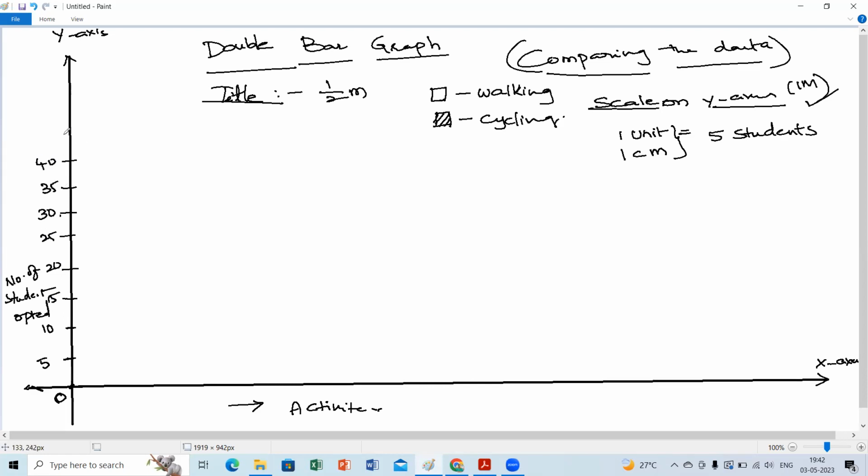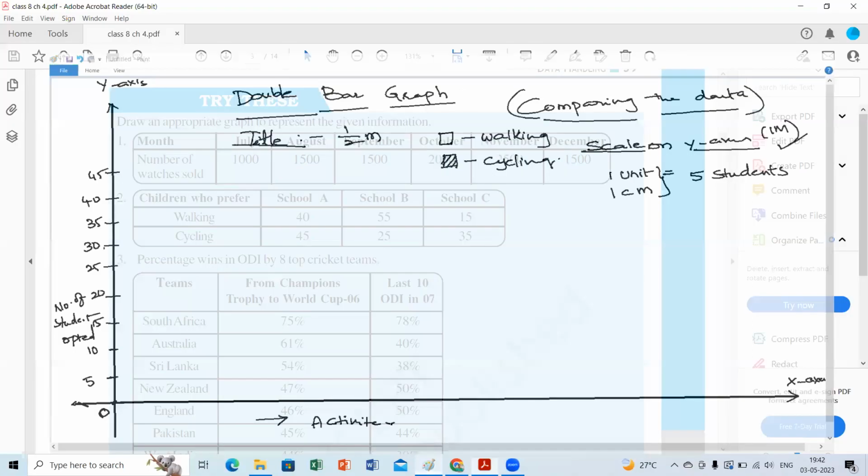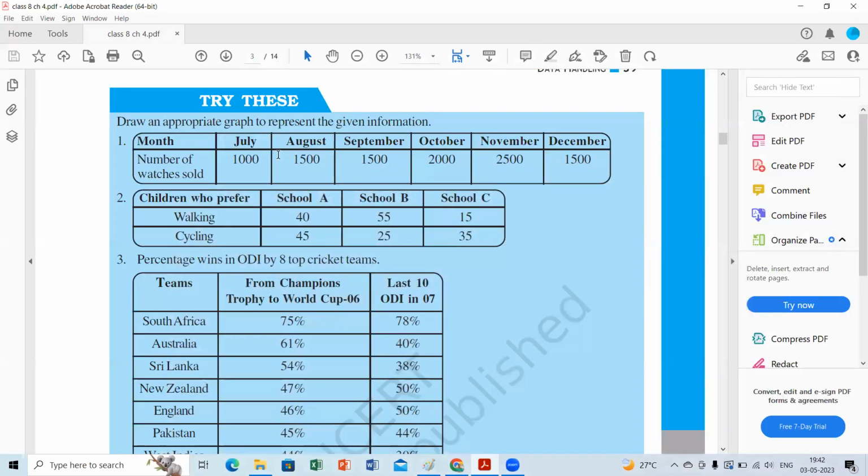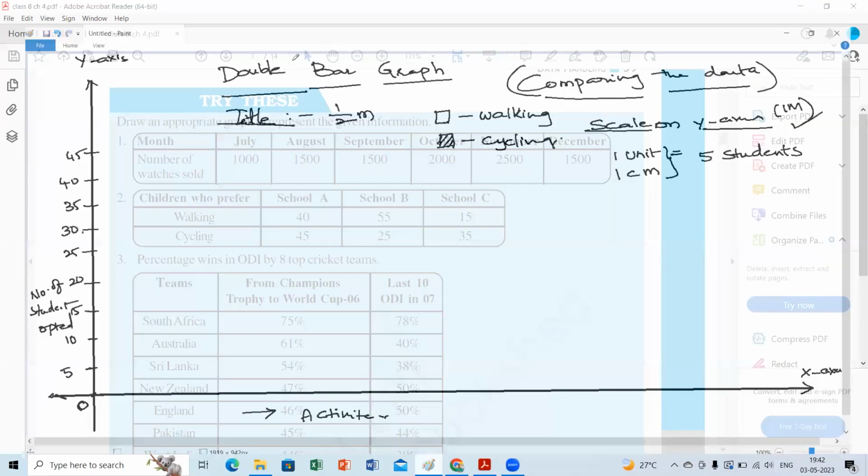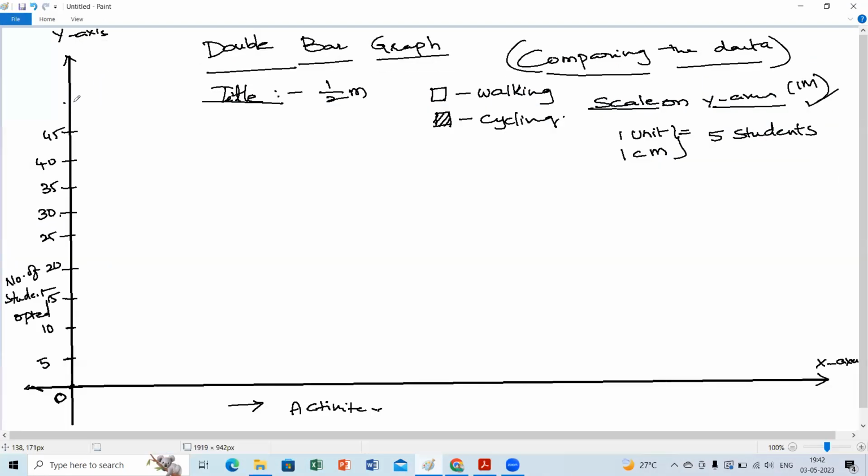Ma'am, till where should I take? You can see your data. What is the maximum value here? 55? 45. 45, you can take one more point, till 50.